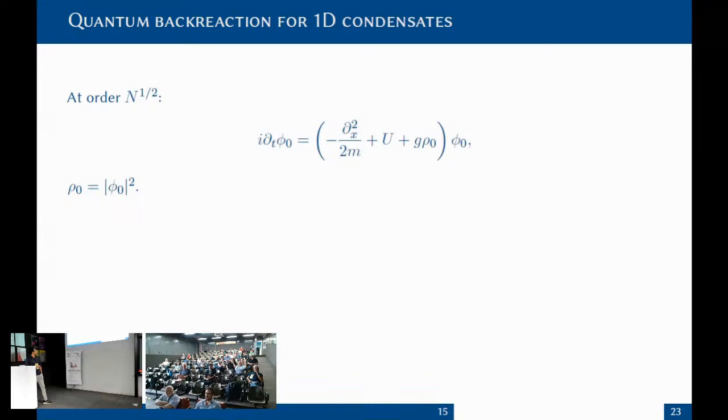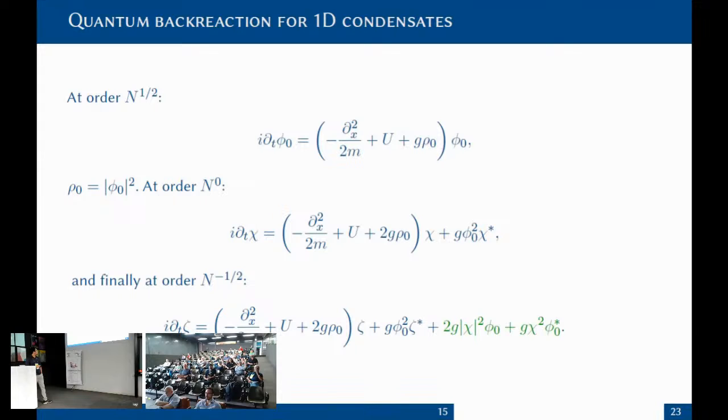When we do that, at dominant order, we do get the usual Gross-Pitaevskii equation. At order 1, we do get the Bogoliubov-de Gennes equation. And finally, at order n to the minus 1/2, we do have this inhomogeneous Bogoliubov-de Gennes-like equation for the zeta, which has some source terms now, depending on the quantum fluctuations and, of course, the dominant part of the expansion.